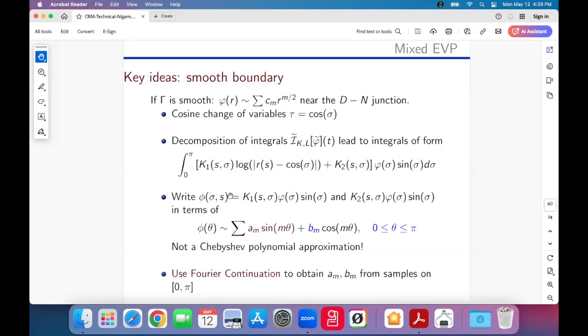This comes at the cost of picking up not just the cosines, but also the sines. If you're doing a Chebyshev expansion, you only see the cosines, but now you see the sines as well, and you have to have them because things are singular. But now you're working on 0 to 2 pi, you can do your FFTs, and then when you reconstruct, you only look at what's happening on 0 to pi.